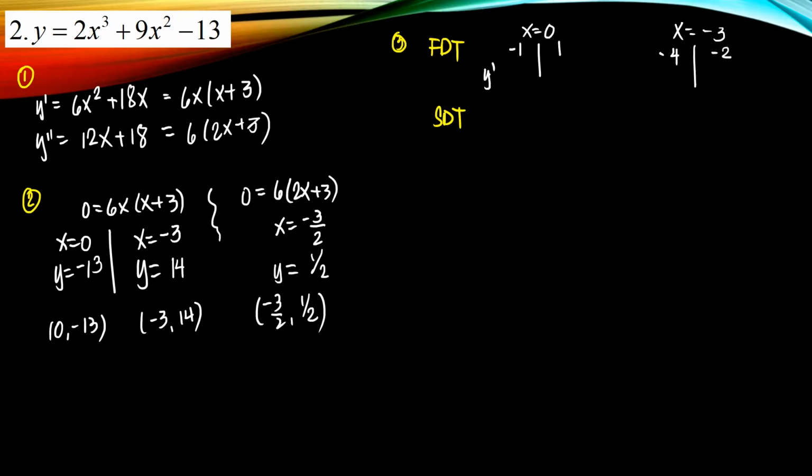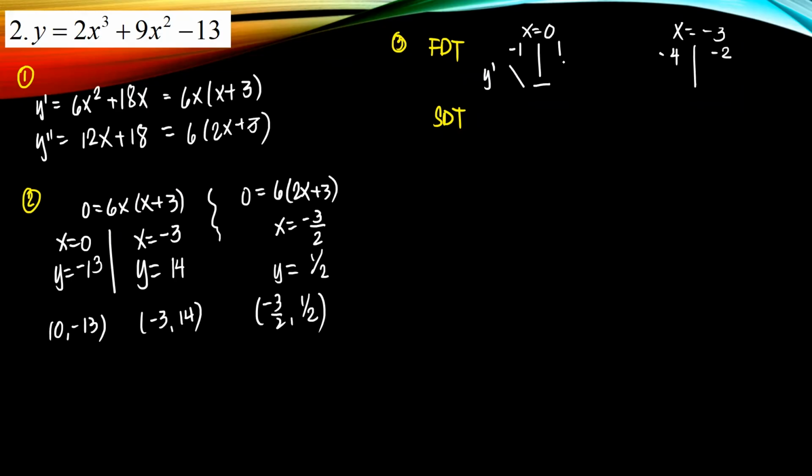Okay, and then since this is a first derivative, it's y prime. Let's plug in negative 1. Negative 1 plus 3 is positive 2. But there's a negative outside, so it's negative. If you plug in 0, it's automatically 0. If you plug in 1, 6 times 1 is positive 6. 1 plus 3 is positive 4.